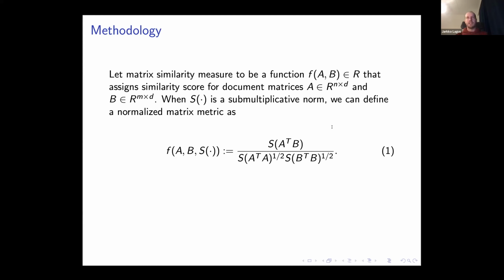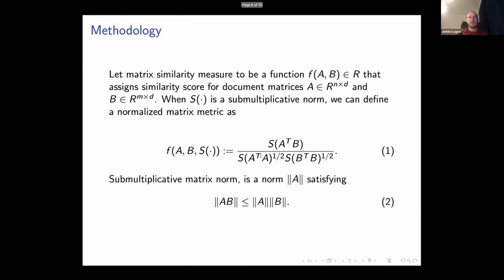And we have this very general way: if we define that S is any submultiplicative norm, we have a very general way of defining any kind of measurements between matrices in a normalized way. By normalized, I mean that they are between -1 and 1.